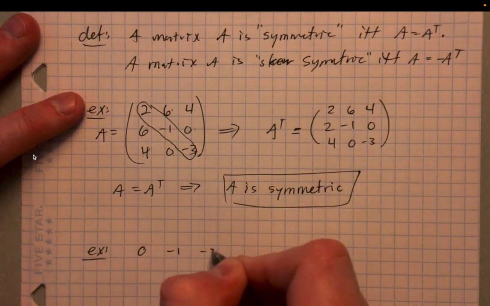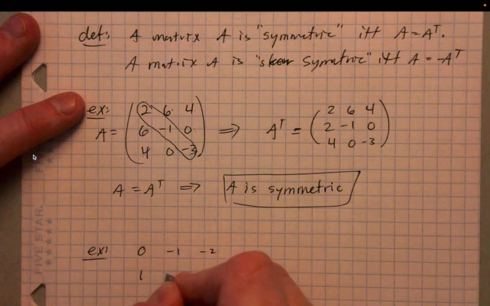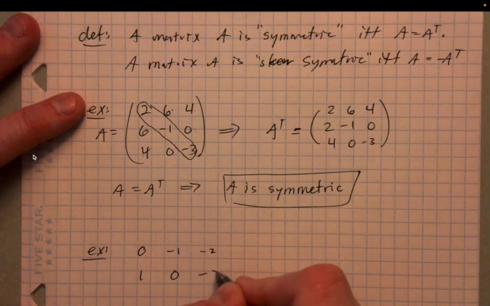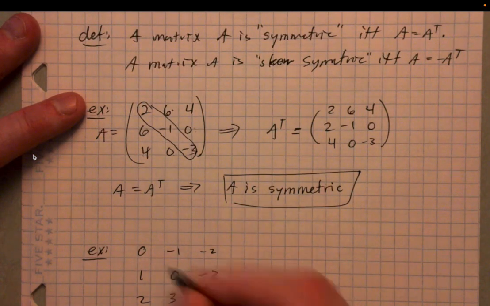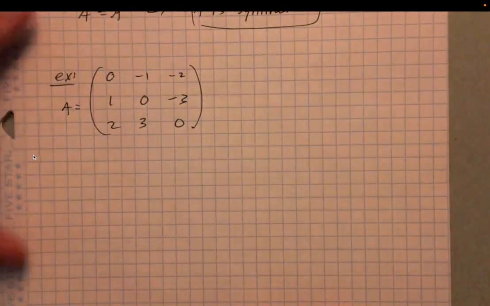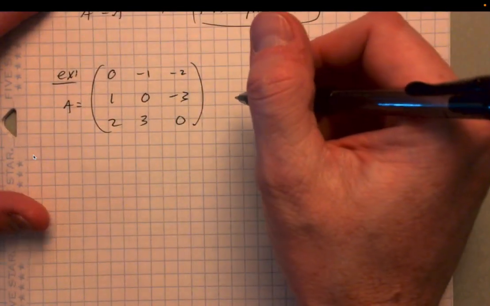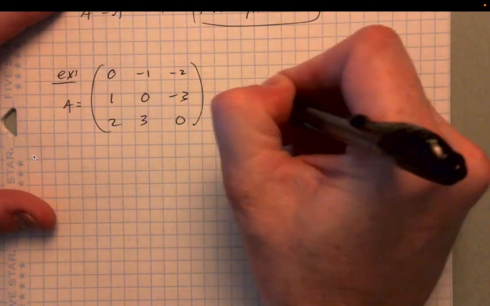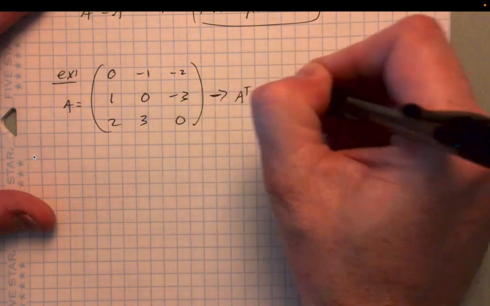0, -1, -2, 1, 0, -3, 2, 3, 0. That's A. Then when we transpose that, what do we get?